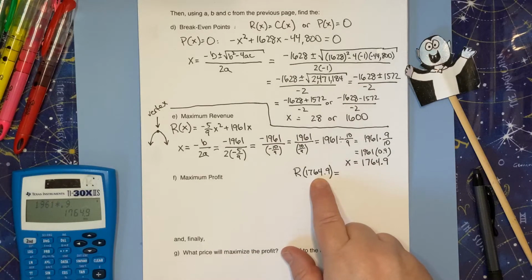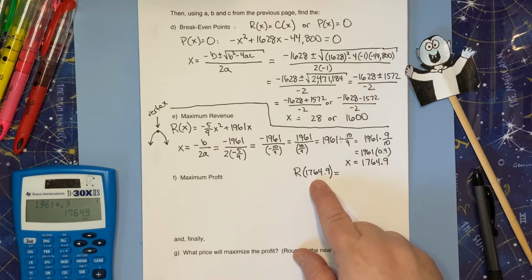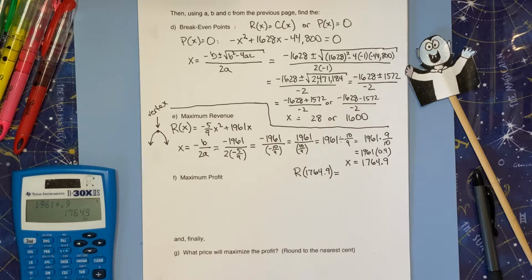It is fair for you to say, wait a minute, if x is the number of units, we can't make 9/10 of a unit. And the answer is yes, that's correct. However, when we're doing math, we always work things out exactly and round later.